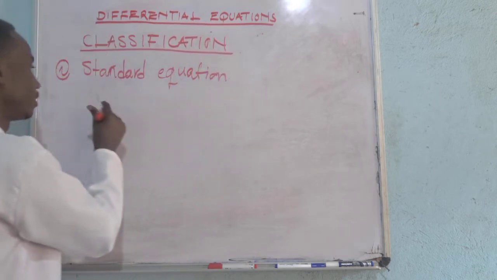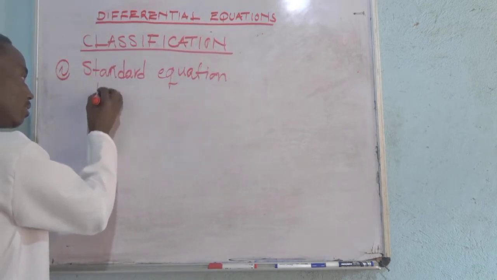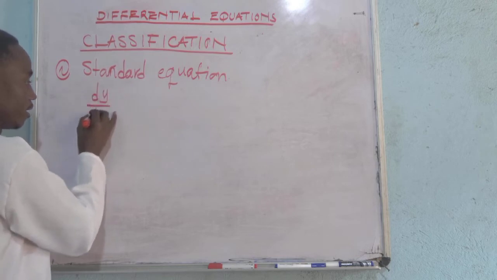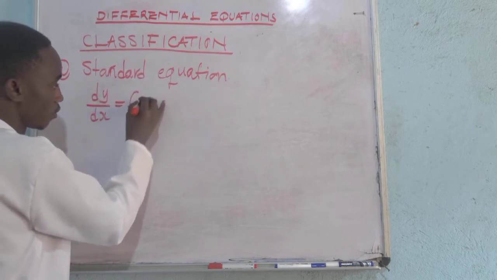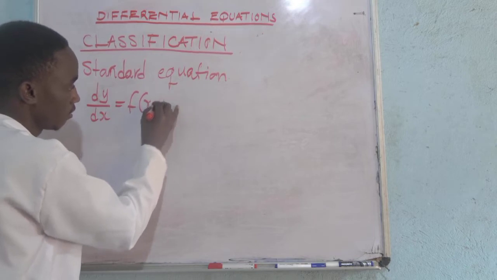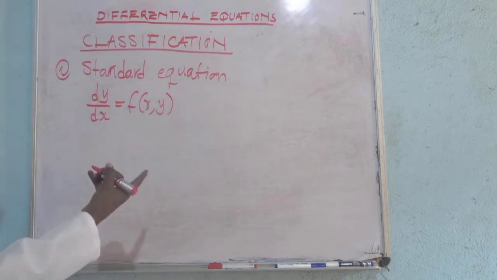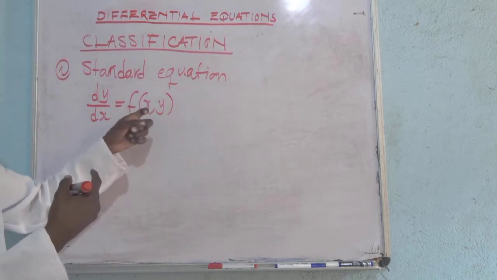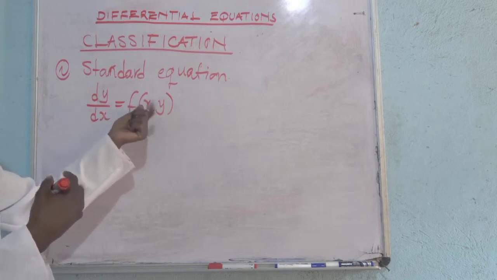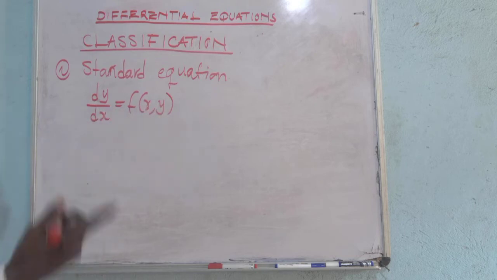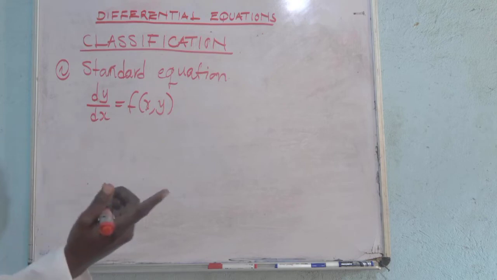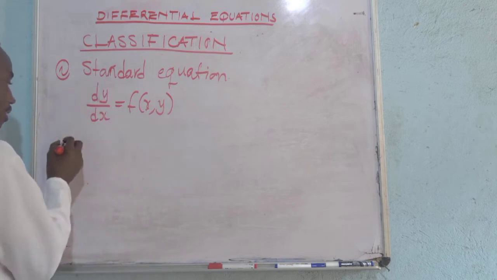So a standard equation is one that looks like, let's say, dy/dx is equal to a function of x and y. But this function may not necessarily be of x and y. It can just be a function of x like that. This is what you're going to get as a standard differential equation.